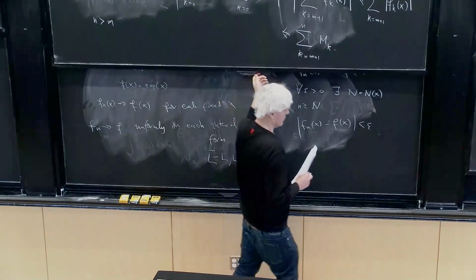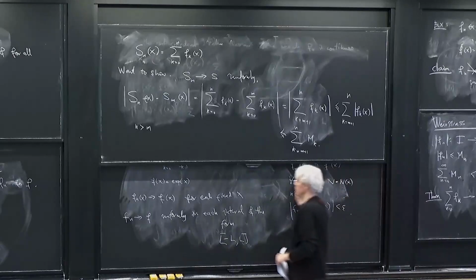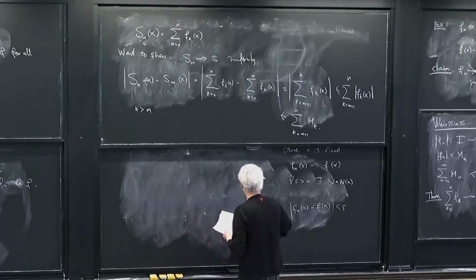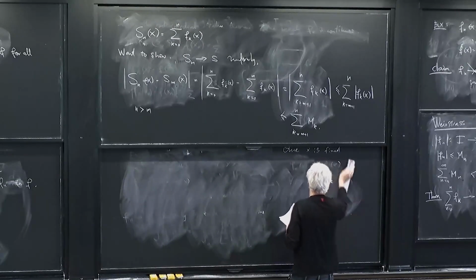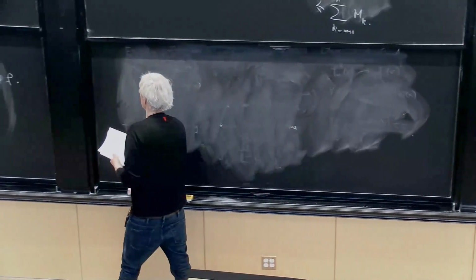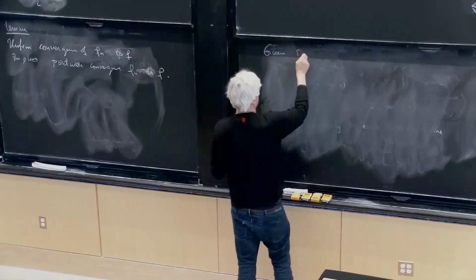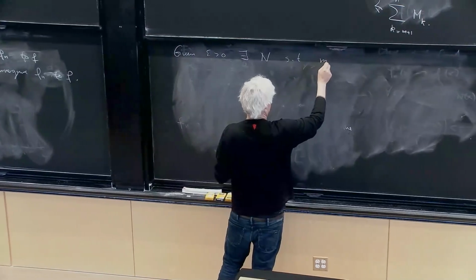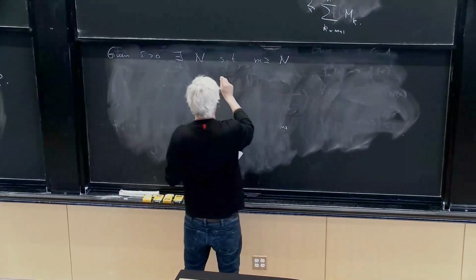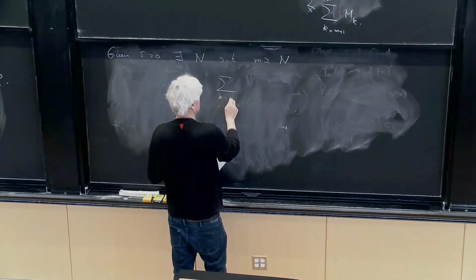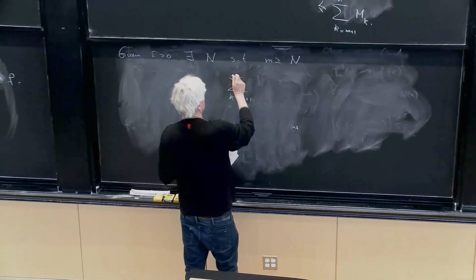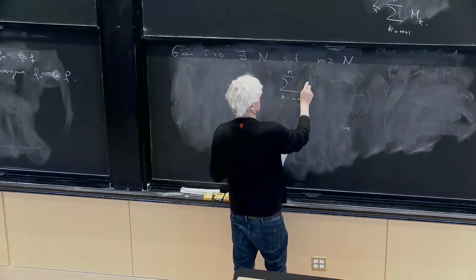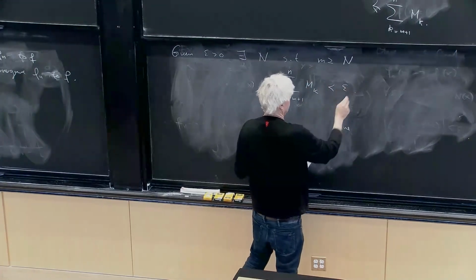So given epsilon greater than 0, there exists a capital N such that if m is bigger than capital N, then the sum of the tail of the M_k is less than epsilon.